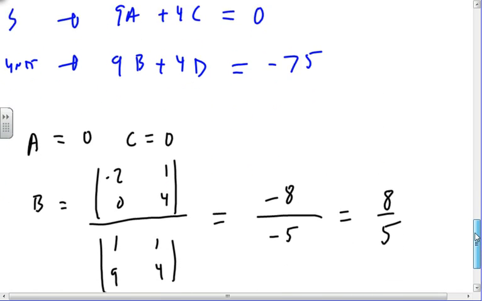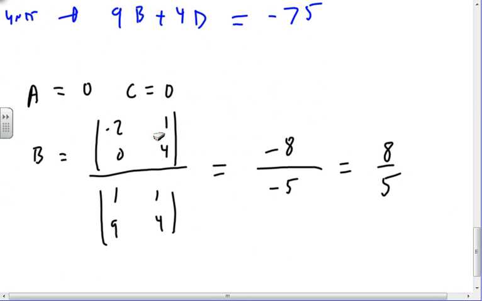Yeah, that would make a slight difference, wouldn't it? Yeah. That's a good place to catch that error too, by going on someplace else to catch it. Minus 8 plus 75 would be 67.